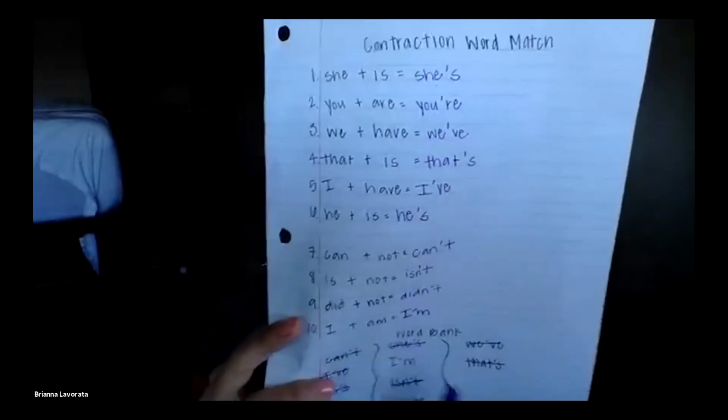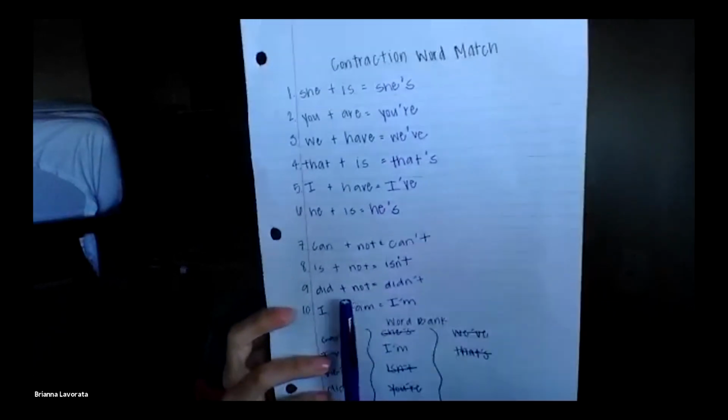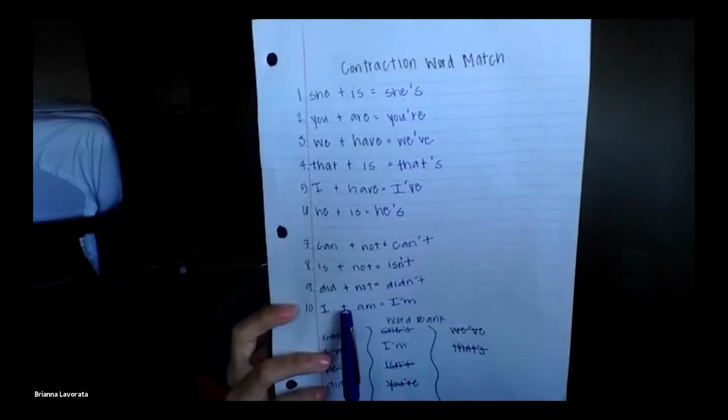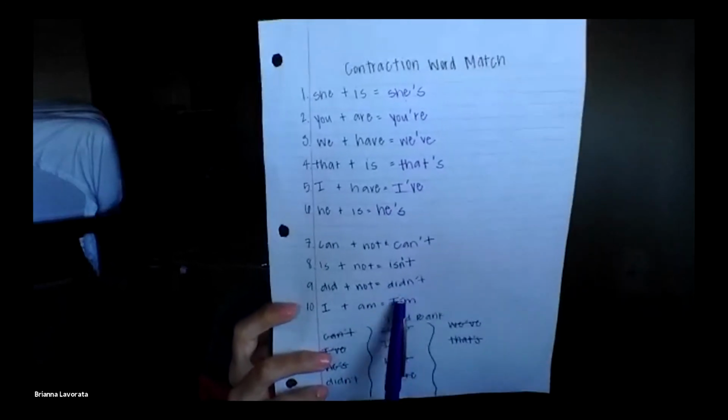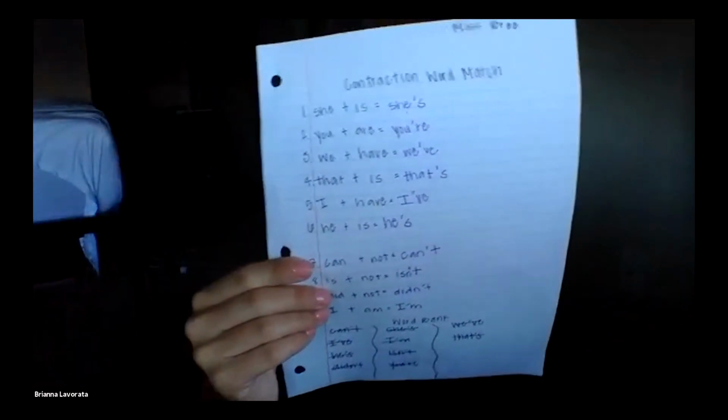Number 10, we only have one word left, which is I'm. So I plus am, I am tired, translates to I'm tired. We have I and am means I'm. I apostrophe am. Let's go ahead and cross out that last word so we know we have used every single word in our word bank.